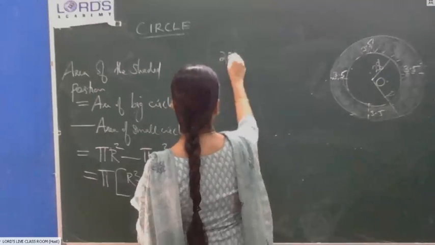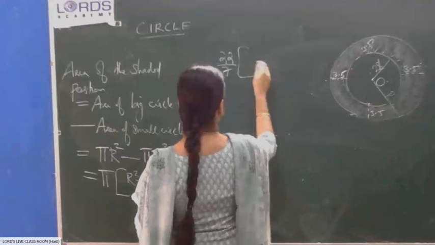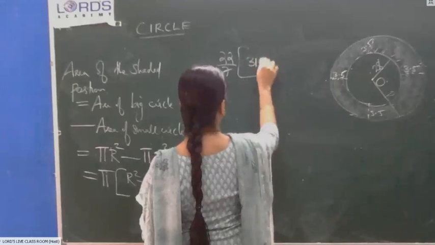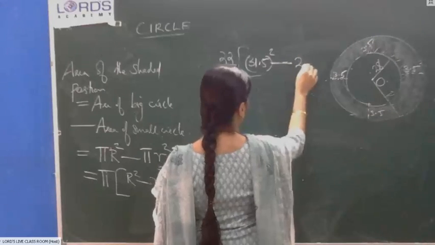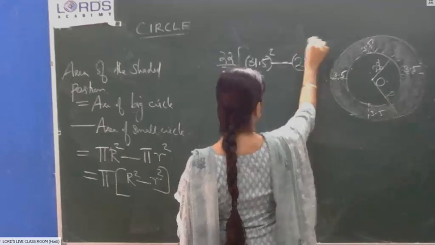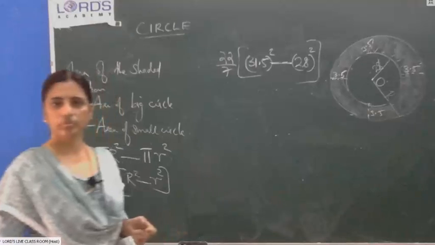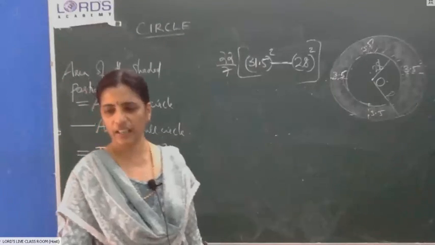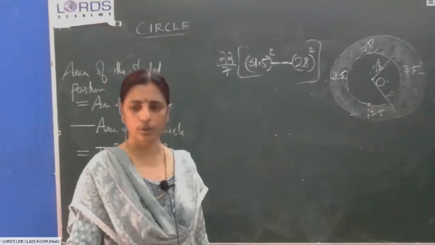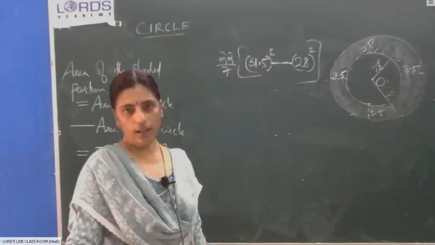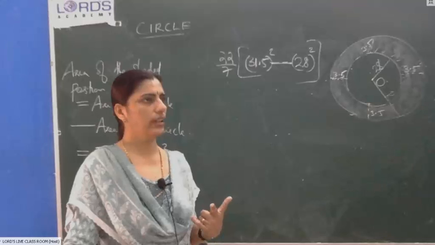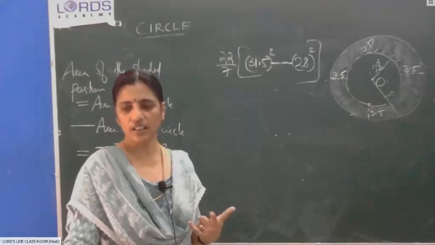Pi 22/7 into capital R 31.5 square minus small r 28 square. Oh, again the calculation became very difficult, no? I'm asking, I forgot, 8th standard, we didn't study, no?